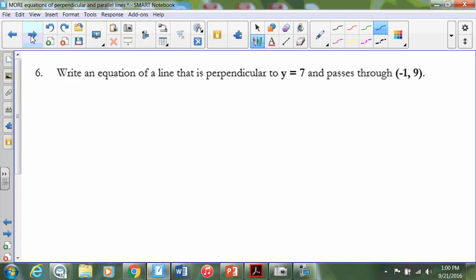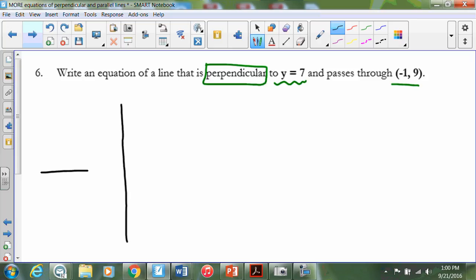And our last one, oh good, our last one is kind of a little bit more of a fun one. Here we see perpendicular, we see y equals 7, and we see a point. Just like when we saw x equals 0, when we see y equals 7, I think the easiest way to go about this problem is to get a visual. So I'm going to look at the graph.